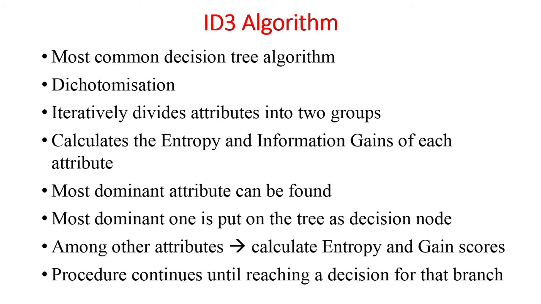In this way, the most dominant attribute can be found. After that, the most dominant one is put on the tree as a decision node. Entropy and gain scores are calculated again among the other attributes. The procedure continues until reaching a decision for that branch.